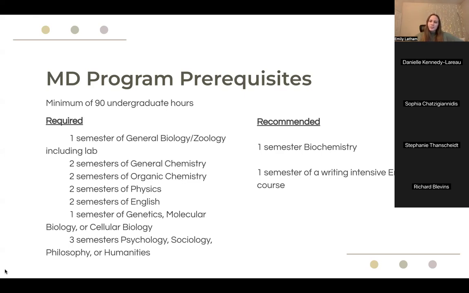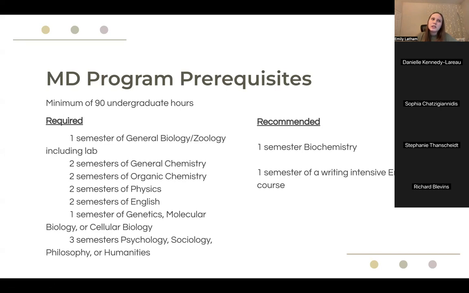And most of those are included in pre-med tracks at undergrad universities. And then recommended for most med schools is a semester in biochemistry and a semester of a writing intensive English course. And so those are really the minimum required courses.